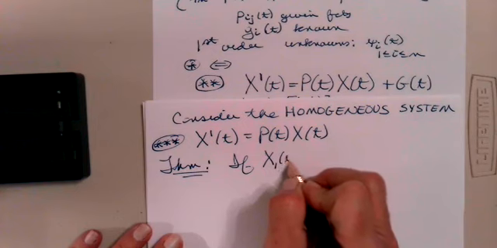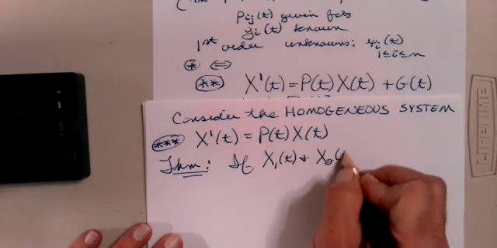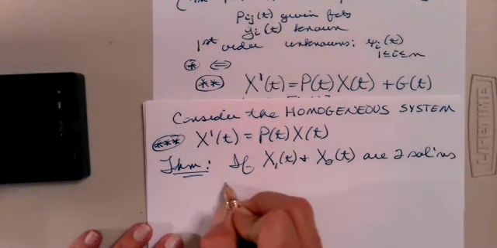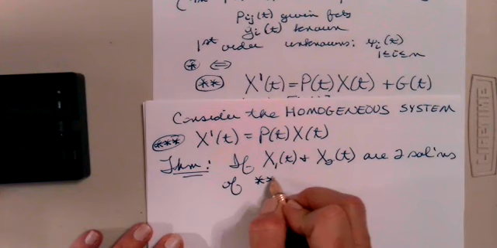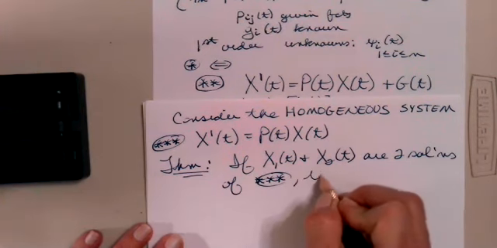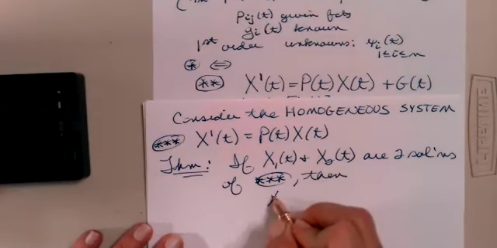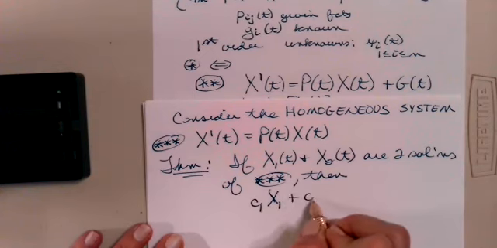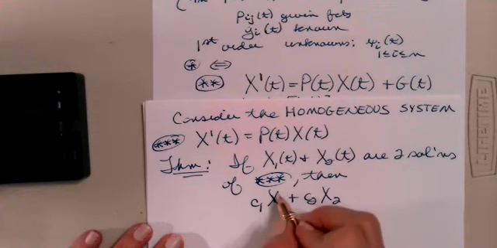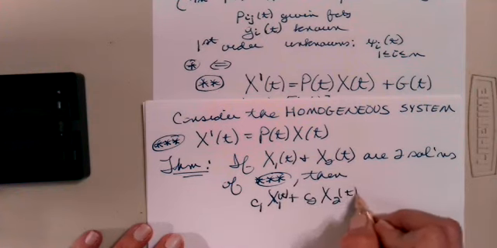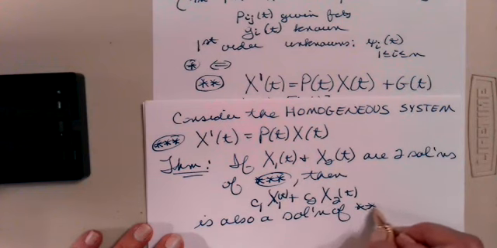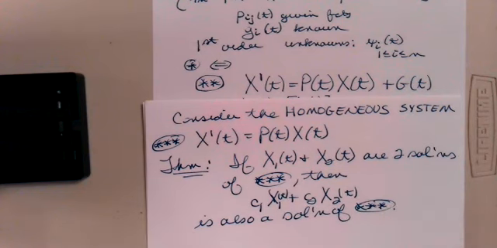If x1 of t and x2 of t are two solutions of the homogeneous system, then x1 multiplied by a constant plus x2 multiplied by a constant is also a solution of that homogeneous system.